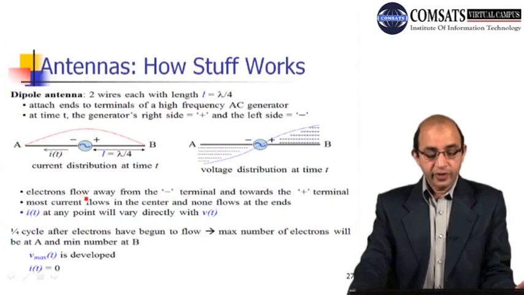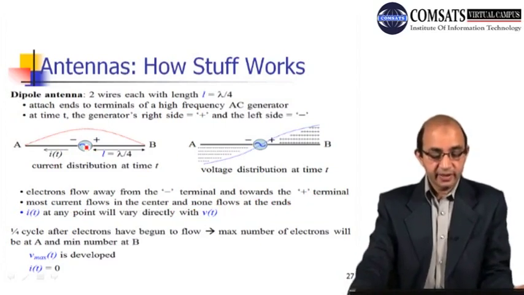So electrons flow away from negative, because they will be repelled due to the negative polarity, and towards the positive terminal, right? So most current flows in the center and none flows at the ends. At any point the current will vary directly with V t.